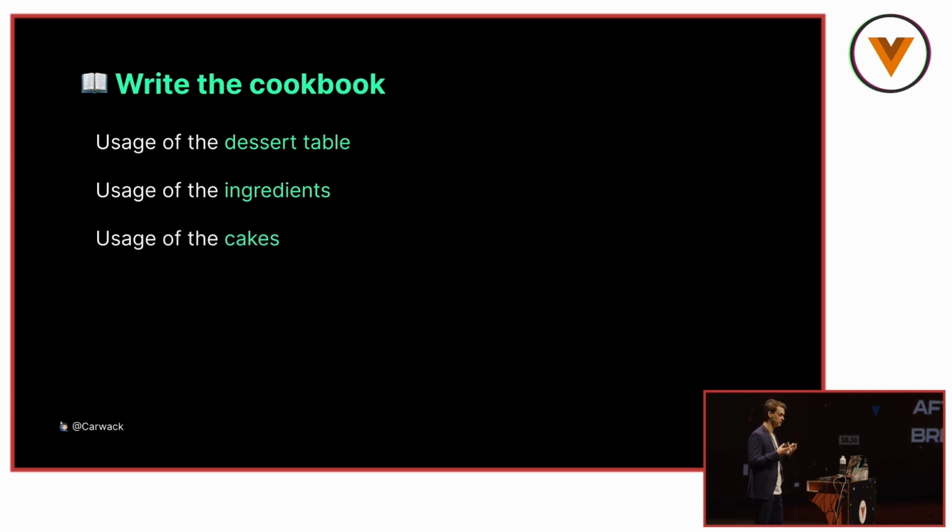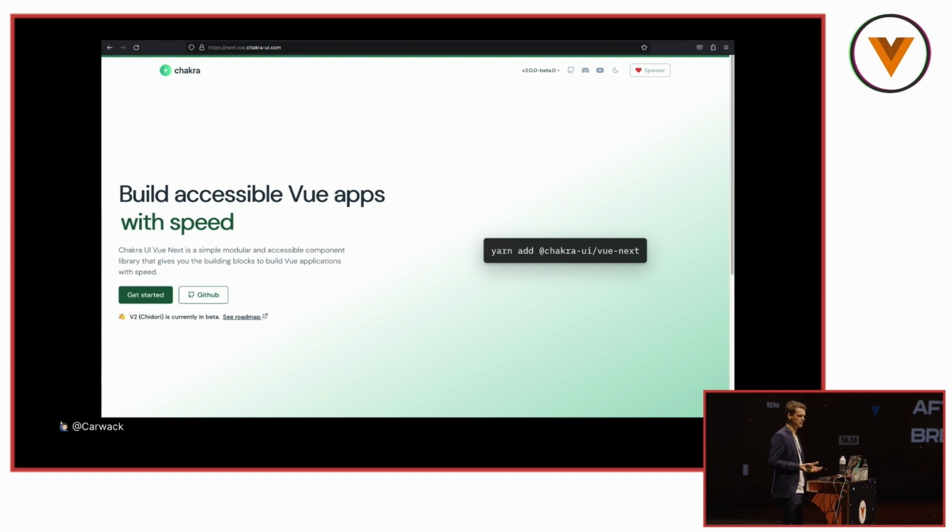And also, we need to let them know how to use the components we have. You can do this on many platforms that are out there. We're using Nuxt Content for building our documentation. Still in progress, so please bear with us. But it doesn't matter what you use. You can use VitePress, VuePress. Just make sure you document your design system.